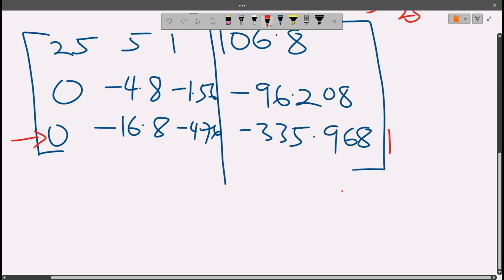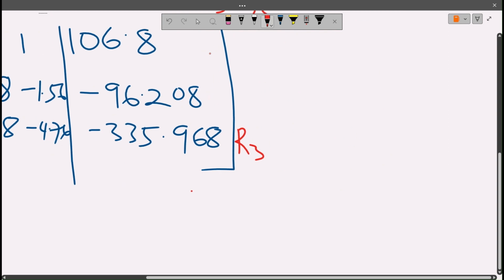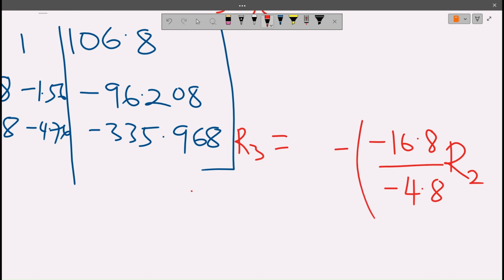So therefore, row 3 is going to be the multiplier negative 16.8 over negative 4.8 times row 2 subtracted from row 3.